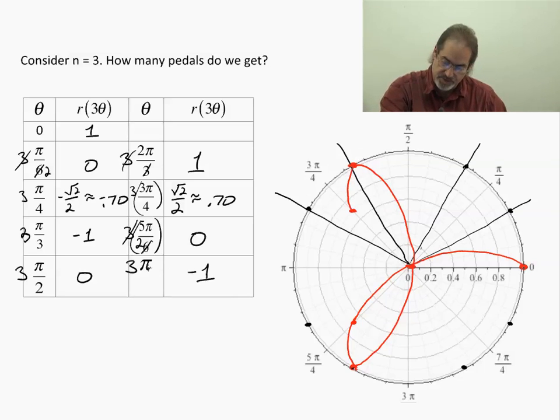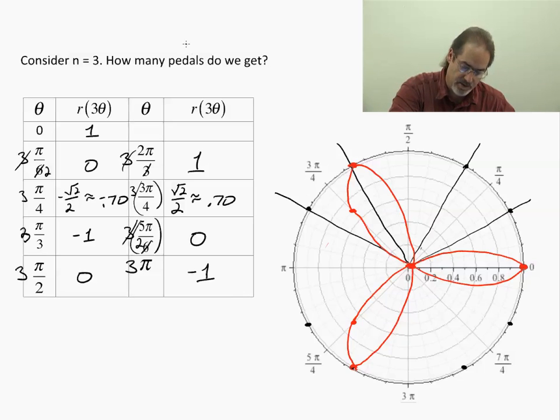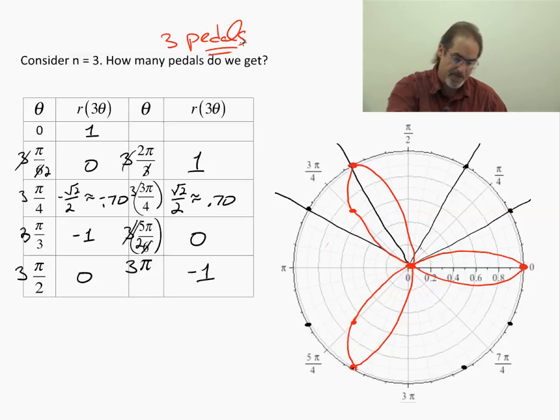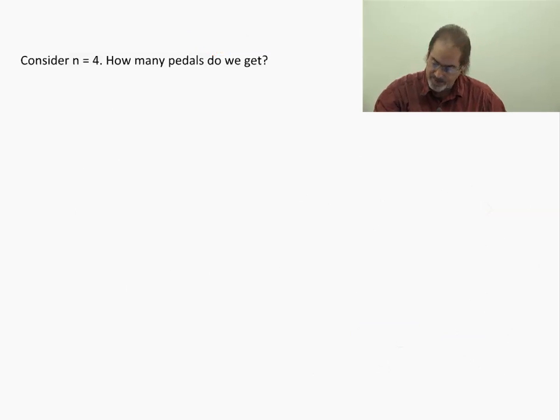At 5 pi over 6, this angle, I'm at 0, so I've come back to 0. And at 3 pi, see, 1 pi, 2 pi, 3 pi, this angle, I'm at negative 1, so I've come all the way back to here. So that's what it looks like for n equals 3. For n equals 3, I have 3 petals.